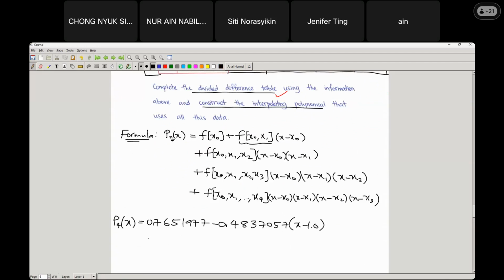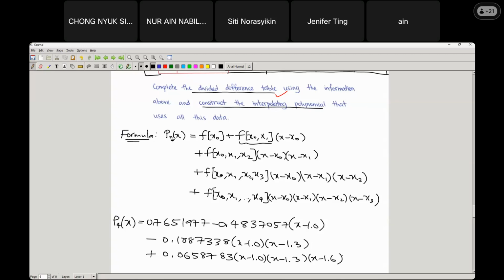Okay, and then next is minus 0.10x7338 times (x minus 1.0) times (x minus 1.3), and then plus 0.0658783 times (x minus 1.0) times (x minus 1.3) times (x minus 1.6).